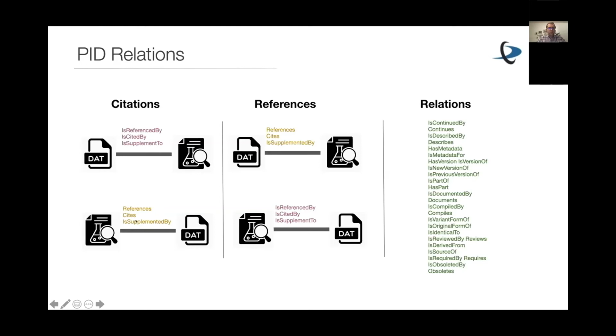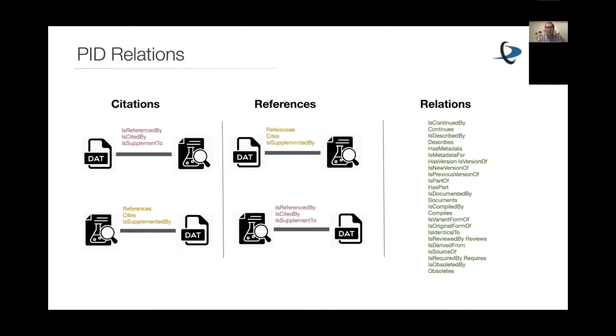We could also have experiments or articles that reference and cite and that are supplemented by data sets. And we also then have references and then other relation types that we have structured into our metadata schema.